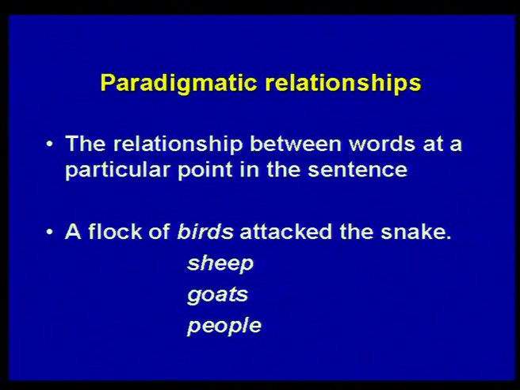Now, the paradigmatic relationship, as you find, is the relationship between words at a particular point in the sentence. Thus, for example, the sentence, "A flock of birds attacked the snake." In this sentence, the word birds could be substituted by sheep, goats or people. The sentence would remain meaningful still.